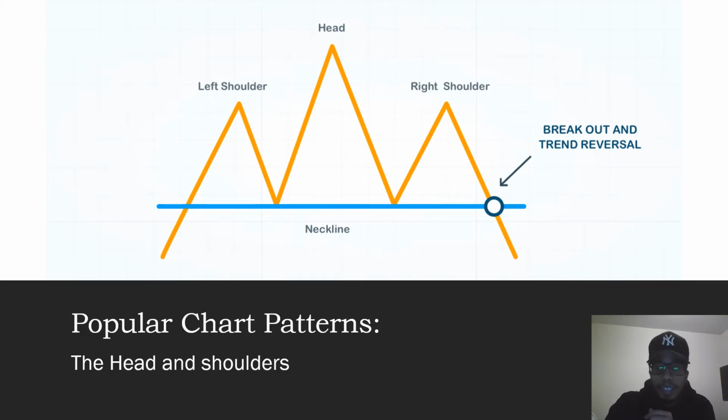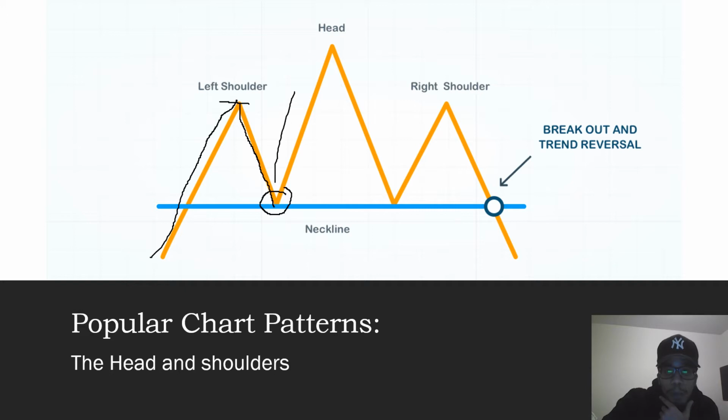head and shoulders. So the head and shoulders usually comes off of an up move where it creates a high, or a left shoulder, and has a pullback that creates a neckline. Then it has a move up, or a higher high, creating a head.